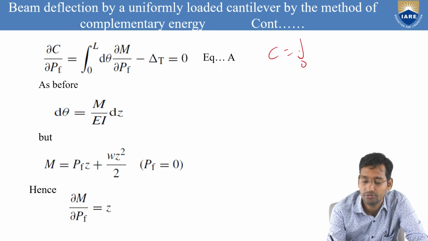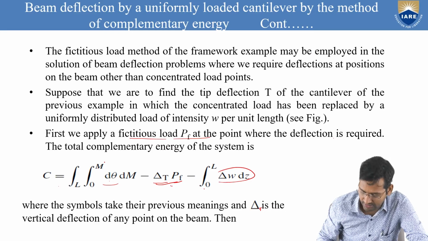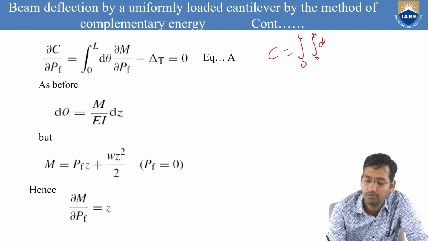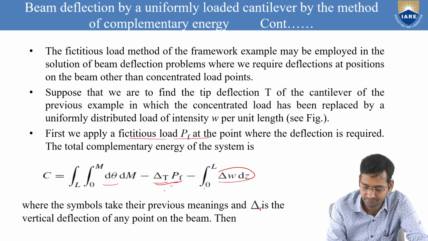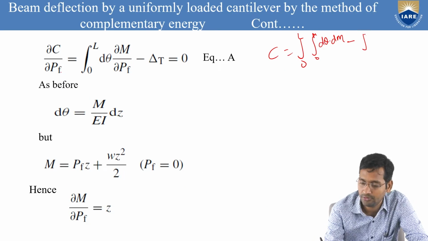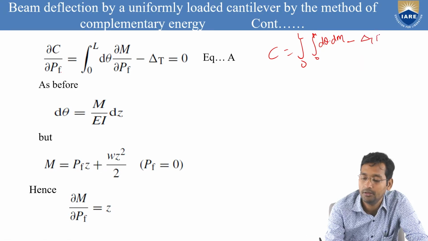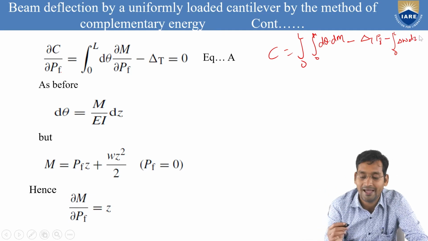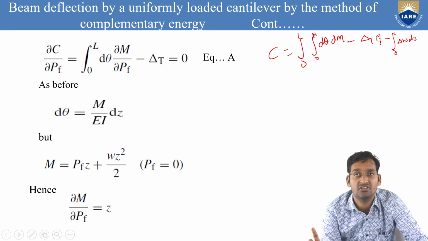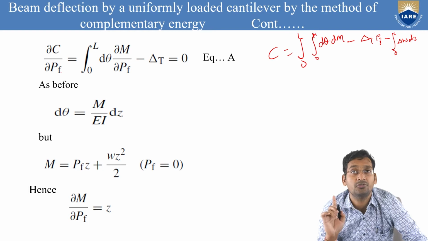C equals the integral from 0 to L of M dθ dM, minus δT PF, minus the integral from 0 to L of δ w ∂z. This is there. Now what do we require? ∂C/∂PF. In this case the only difference is that we have to differentiate with respect to PF.